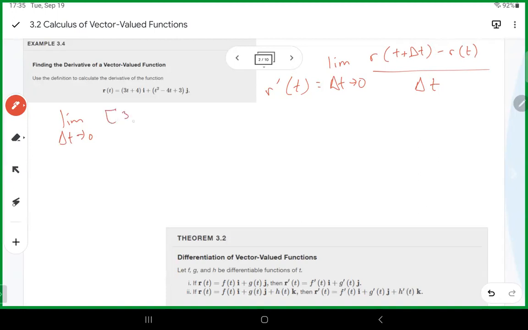Limit, and I have 3 times t plus delta t, plus 4, minus 4t plus 3j, all over delta t.